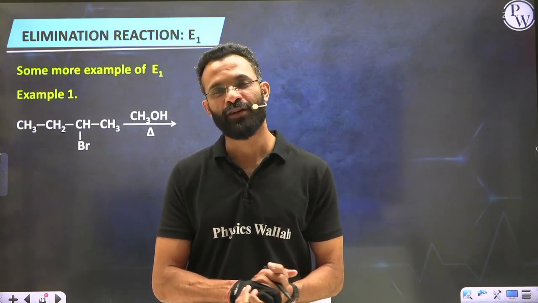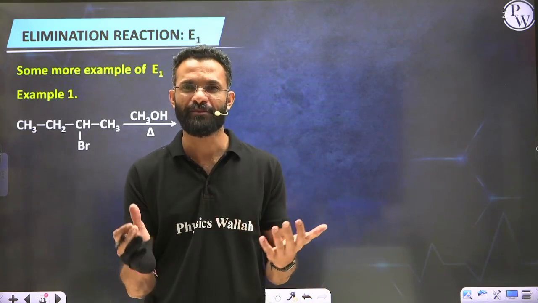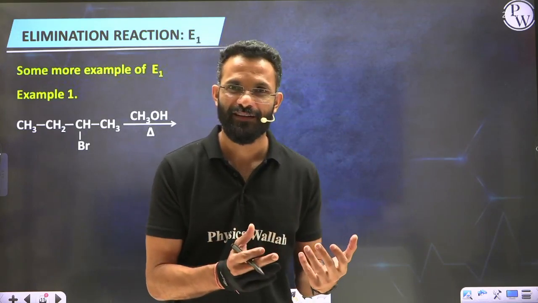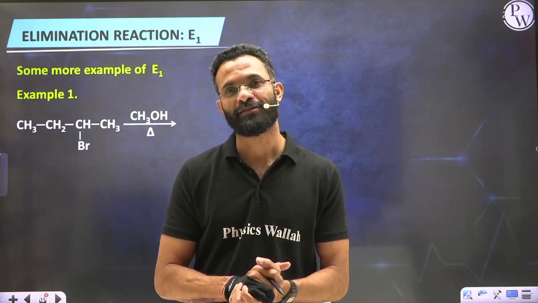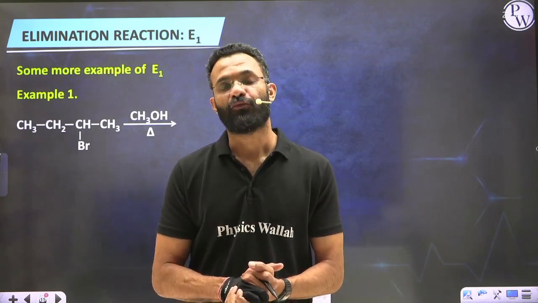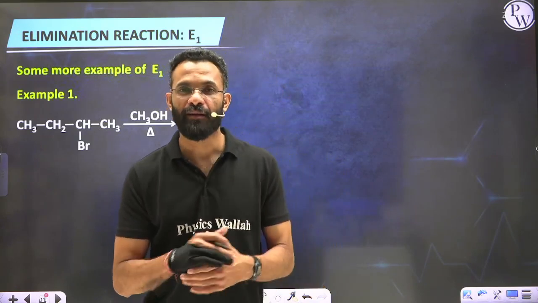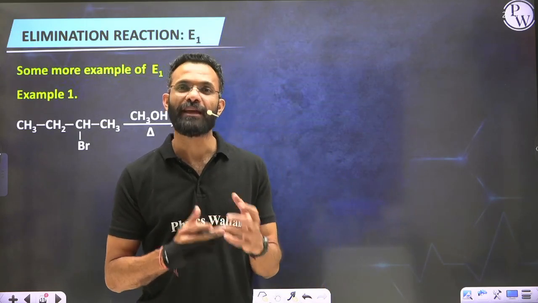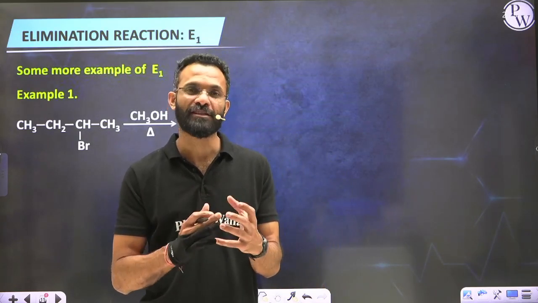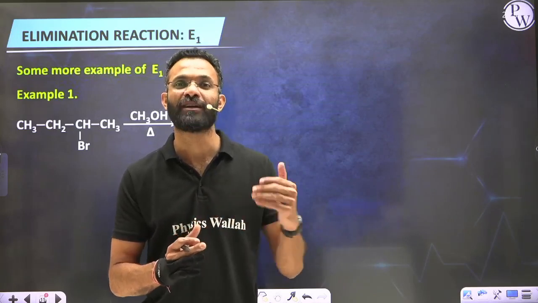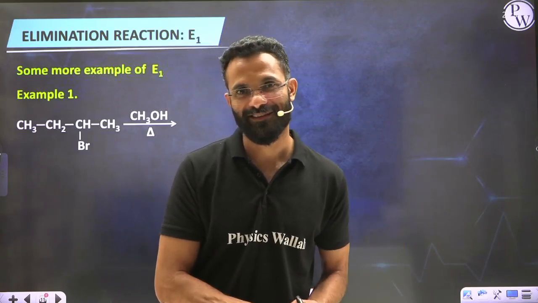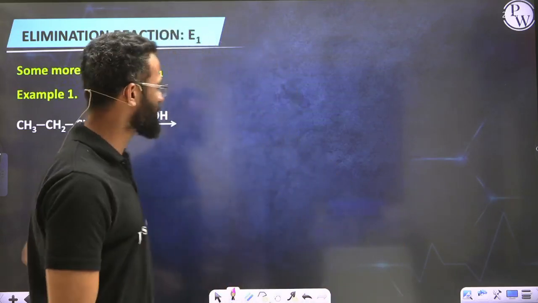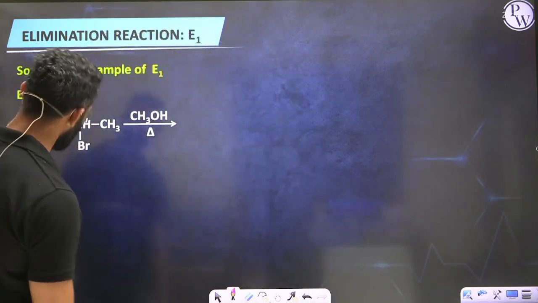This carbocation rearrangement can take place either via hydride shift or a methyl shift or maybe via ring expansion reactions. So whenever we are forming a carbocation, we have to always be careful and think whether or not this carbocation is going to undergo further rearrangement. If required, we'll have to do the rearrangement first. As of now, let's have a look at some example of E1 reaction mechanism.